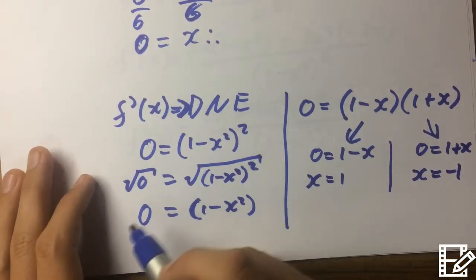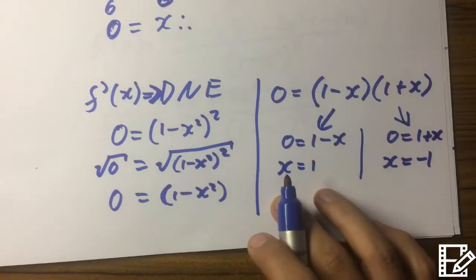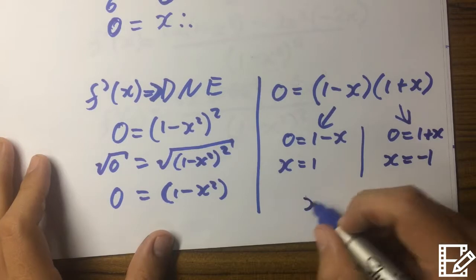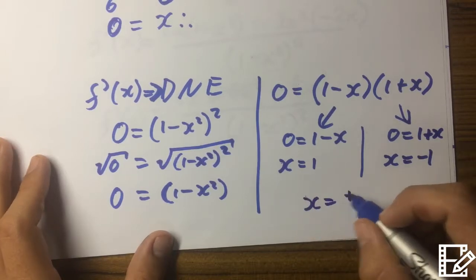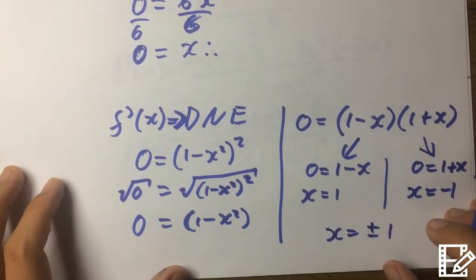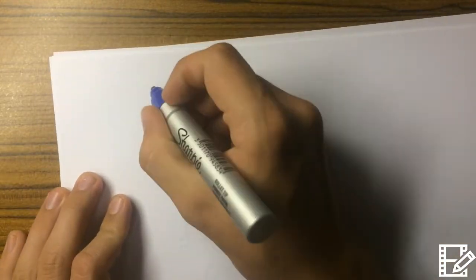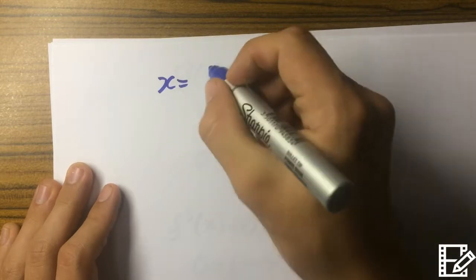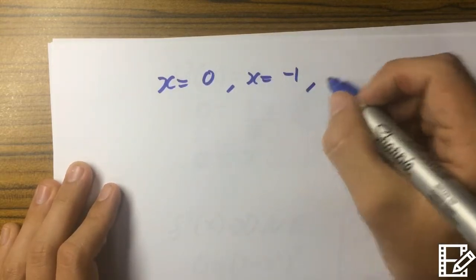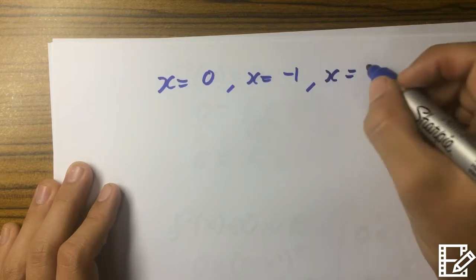This would have given you the same answer if you did it properly, but I just like doing it this way. So essentially, x equals plus or minus 1. Okay, so we have three critical numbers, which is x equals 0, x equals negative 1, and x equals 1.